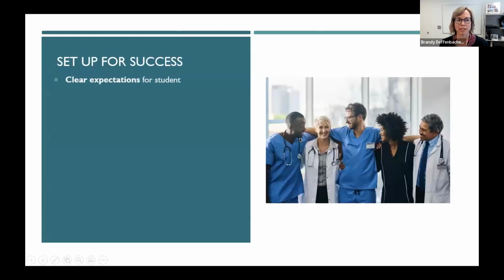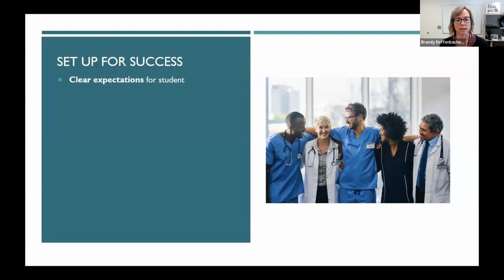So one of the first things I do is set clear expectations for the student. And so these expectations can be around how to communicate with me or how to communicate with the student. So do they prefer text, email, phone calls? Do they want to send me a message in the EHR just to say, I'm working with you tomorrow?